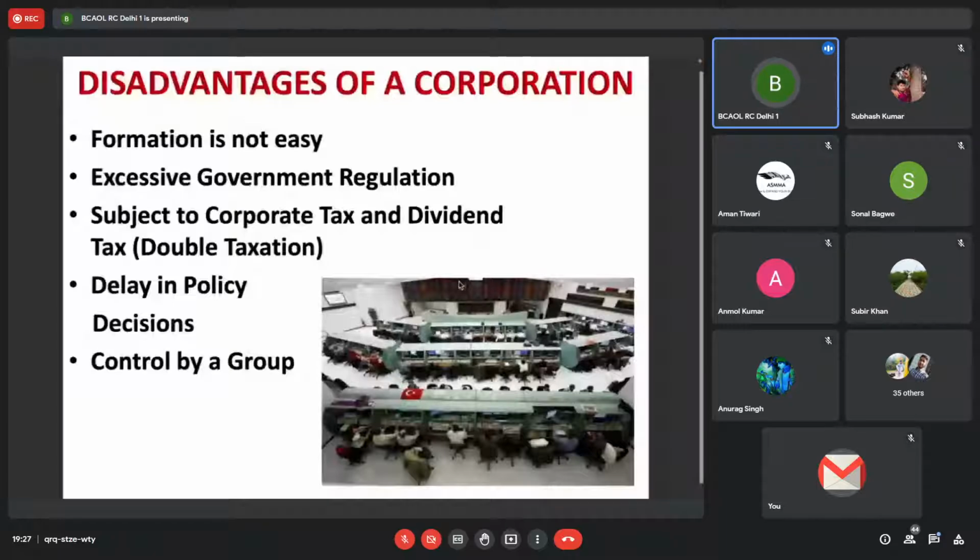Excessive government regulation: of course, there are corporate taxes, there is dividend tax, and there are n number of regulations that the government has put on corporations ever since these scams started happening. So there is monitoring and supervision of how a company is run. I don't know how many of you have heard about shell companies or paper companies.